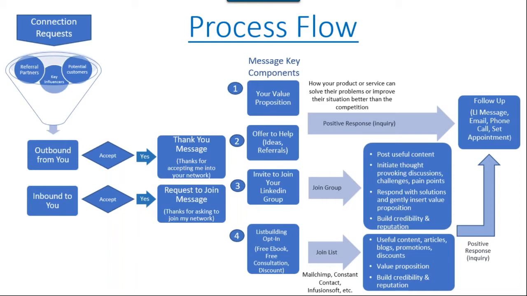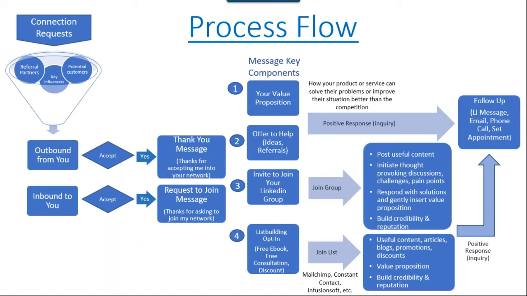At the same time, you're also going to be making a number of outbound requests. You're also going to be receiving requests, because as that network grows, people will be able to see that you're a second level or third level connection, and people will be connecting to you.